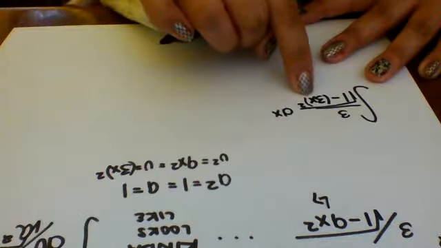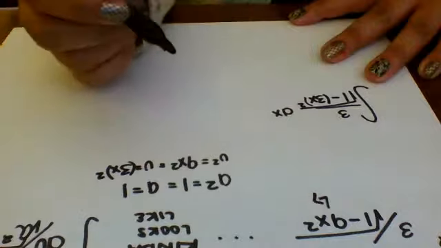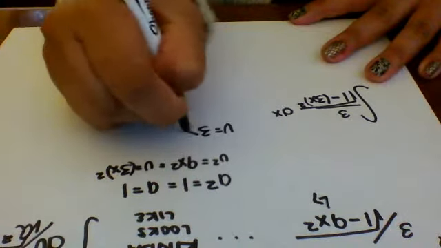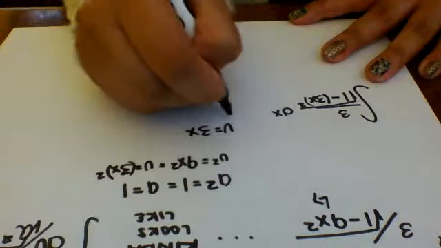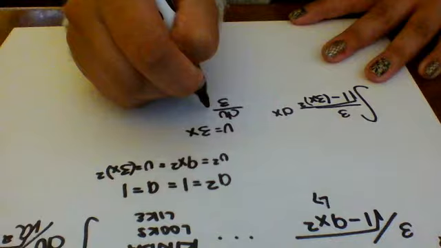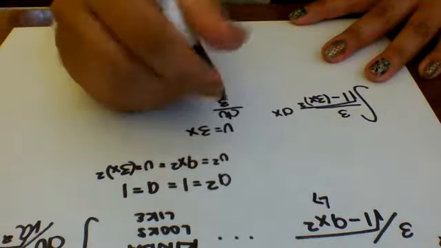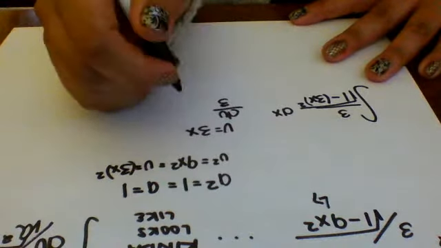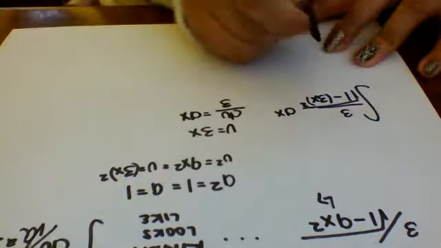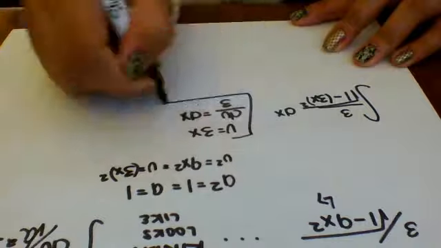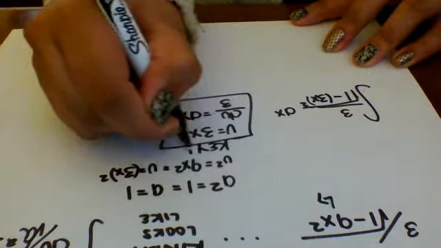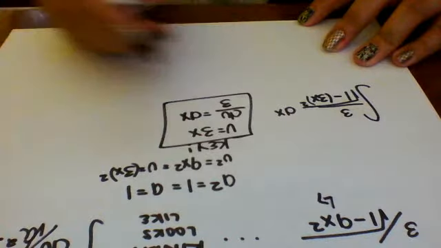You can't simplify it further, so we do u substitution. u will be 3x, and du is 3 dx, so du over 3 equals dx. Make sure to do this, it's very important, so I like to write key things to remind you.